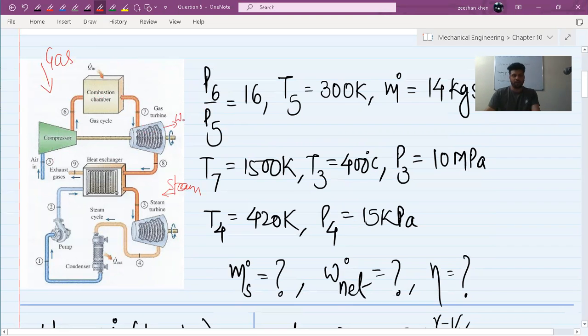So there's work coming, WGT is what we are naming it. And the exhaust gases are used to heat up the steam in this cycle, which helps run the steam turbine.